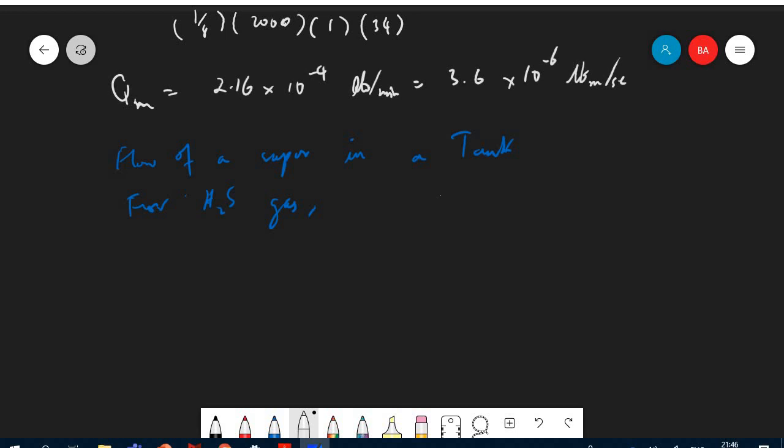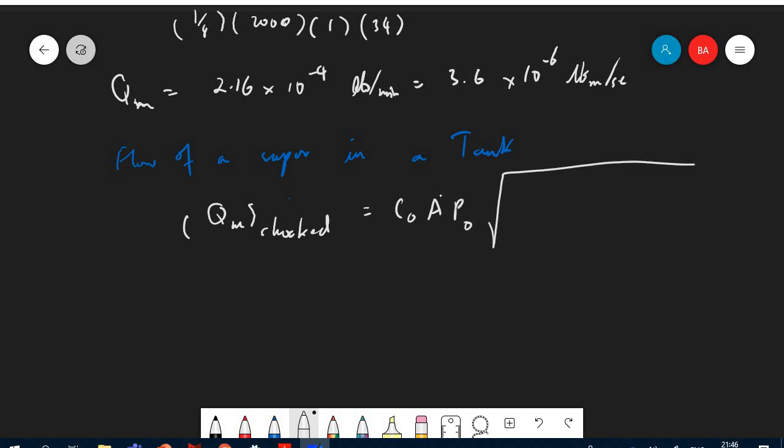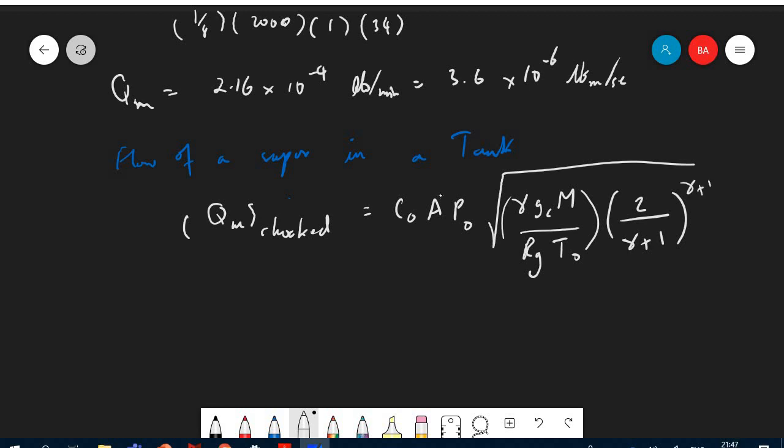Actually, for flow of vapor in a tank, we have QM choked, and we always take the maximum QM just for safety reasons, which is equal to C naught A P naught into gamma gc into the molecular weight over universal constant into T naught, and that is multiplied by 2 over gamma plus 1, and that is to the power gamma plus 1 over gamma minus 1. And that is equation 4.40.